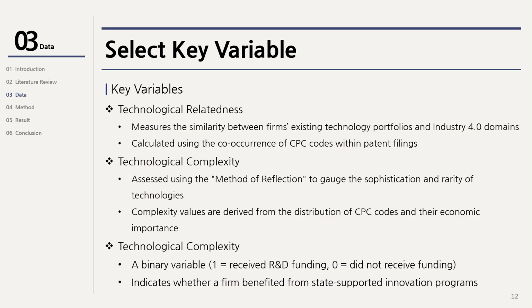Second is technological complexity. The method of reflections is used to assess complexity based on the distribution of CPC codes. Last one is government support. This is a binary variable where 1 indicates a firm received R&D funding and 0 indicates otherwise.